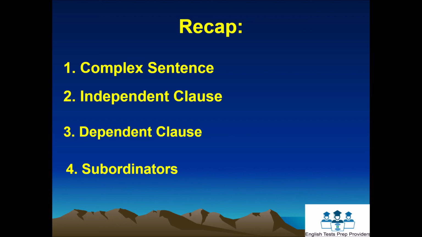It requires an independent clause or a complete sentence so that it will complete the sentence. And lastly, subordinators. Subordinators are the words that we often use to start a dependent clause. Examples are while, since, although, despite, before, after, and others.